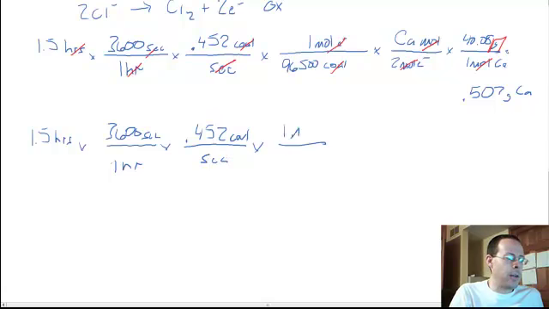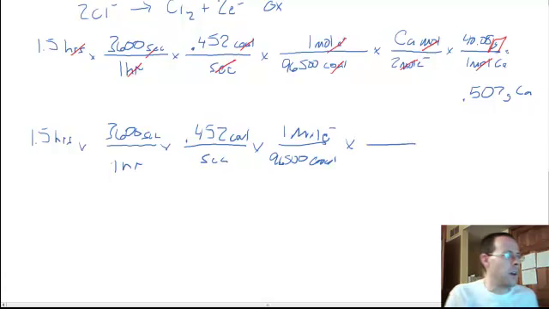Faraday's is the same, 1 mole of electrons can conduct that many coulombs of electricity. And then for chlorine, we're going to see that we have, again, 2 moles of electrons for a mole of chlorine.